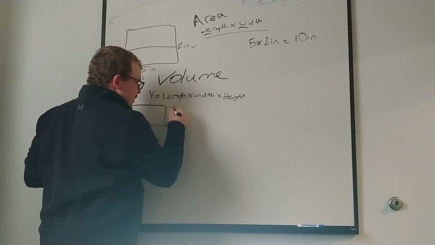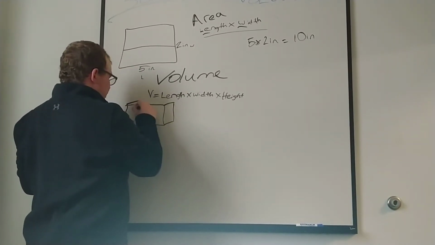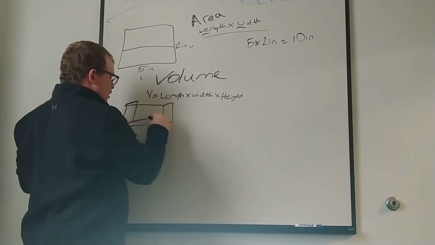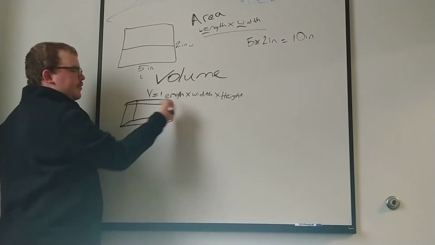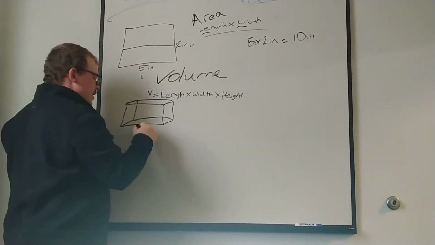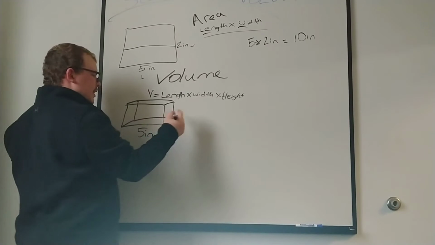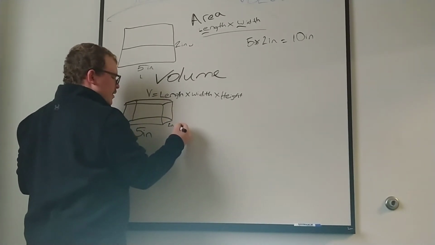Instead, we would be doing it on what is called a rectangular prism. So basically a 3D block. So if we had our same numbers from right here, 5 inches for our length and 2 inches for our width.